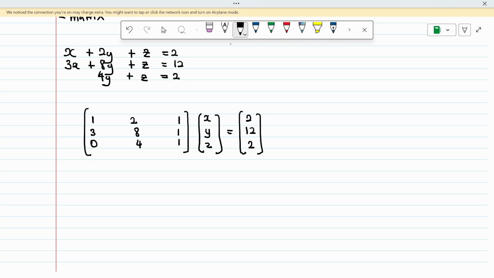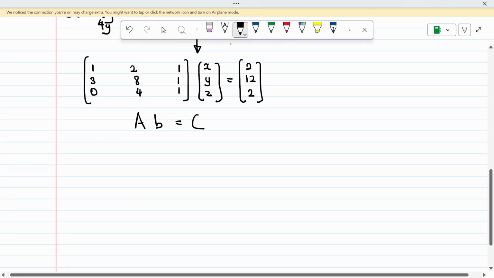So we looked at how we could represent any system of linear equations as a matrix-vector multiplication to get our final vector, which is this. So we can look at this matrix as A, this as our B, to get the final vector C.